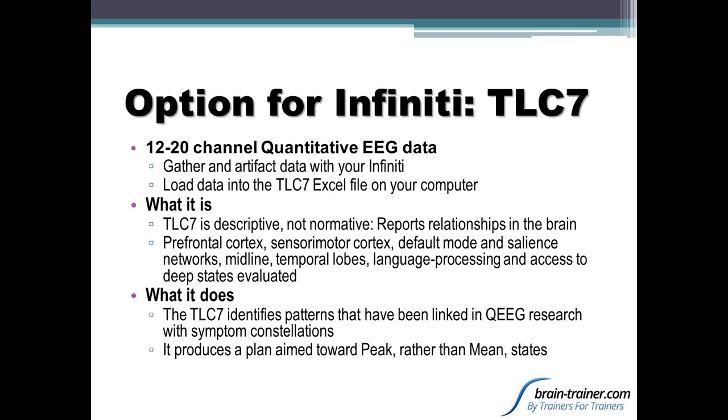So it essentially looks at the relationships within the client's brain rather than comparing the client's brain against somebody else's. We can do that because there's been a huge amount of QEEG research that's been done over the years where people use the Q the way it was designed to be used.